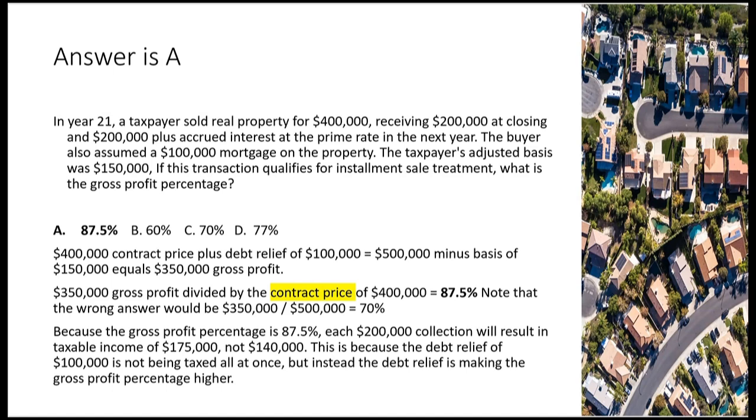And this results in more taxable income, because with every collection of cash, we're going to multiply by the 87.5% to determine how much income is taxable. And because the gross profit percentage is 87.5%, each $200,000 collection will result in taxable income of $175,000, not just $140,000 as if we were to use the 70%.